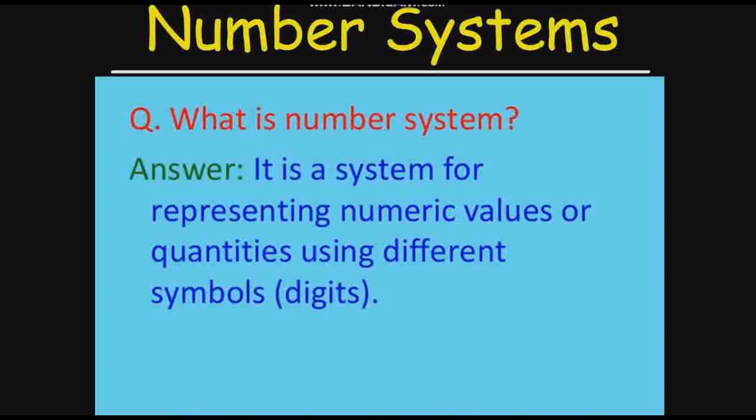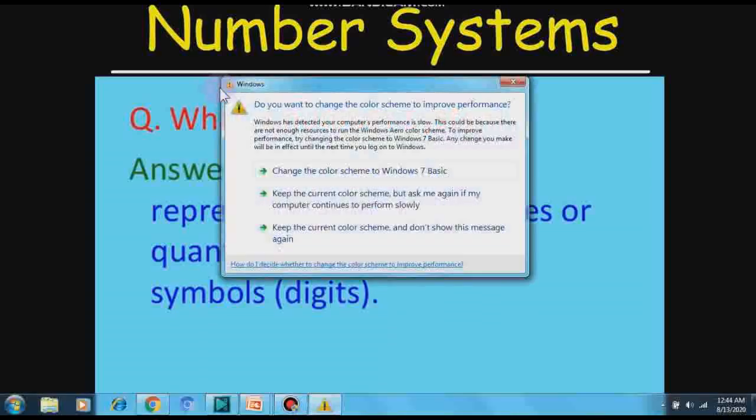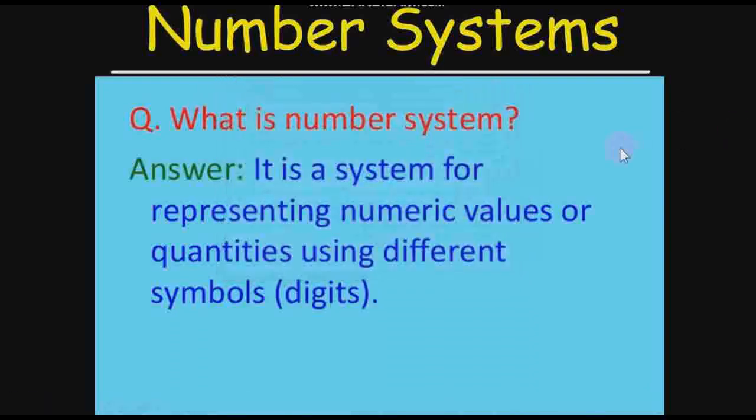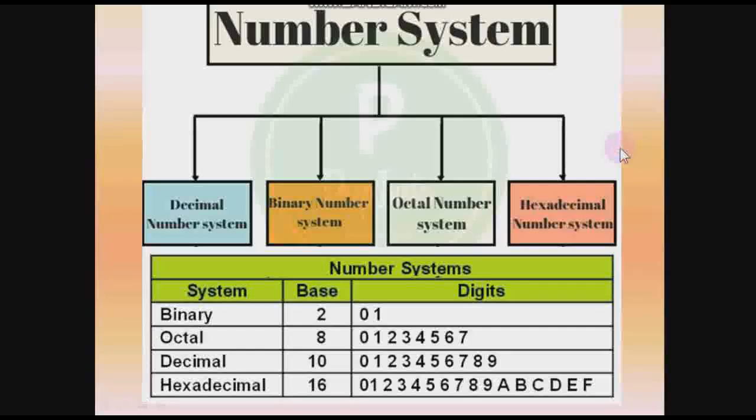You can also say that a computer always uses four different types of numbers for our internal calculations, or internal representation of numbers. So these four different types of numbers are known as a number system.